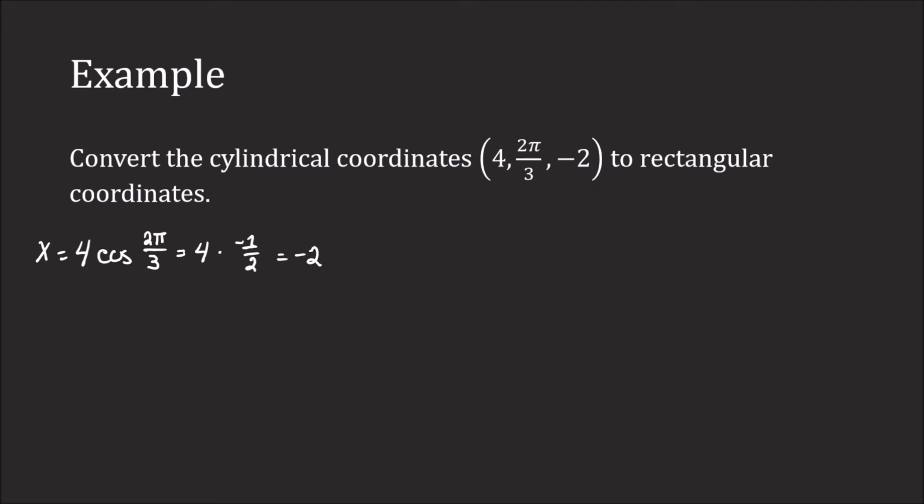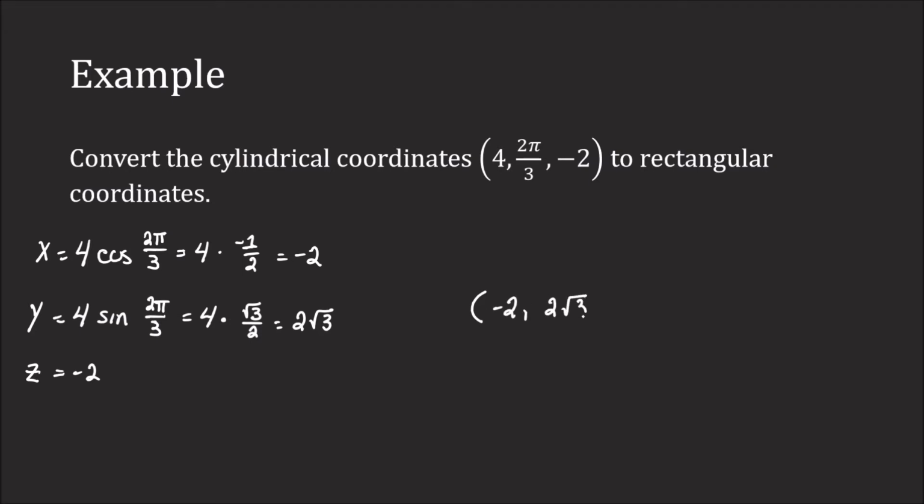So our x coordinate is negative 2. So y would be r sine of theta, so 4 sine of 2 pi over 3. Sine of 2 pi over 3 is root 3 over 2. So we get 2 root 3 as our y coordinate. And z is the hardest of them all. This is just the z coordinate, negative 2. So we get our rectangular coordinates: negative 2, 2 square root of 3, negative 2.